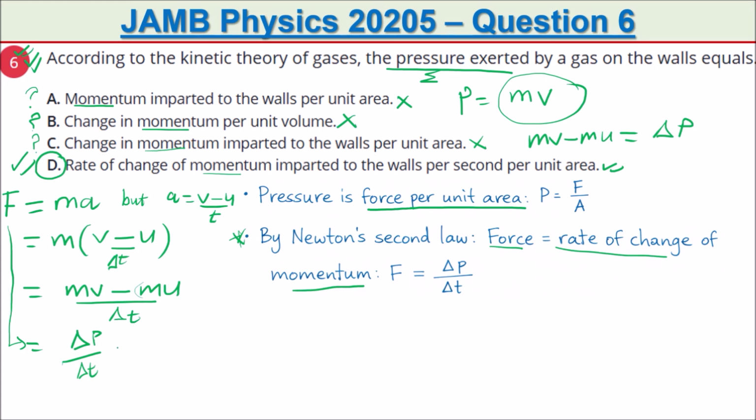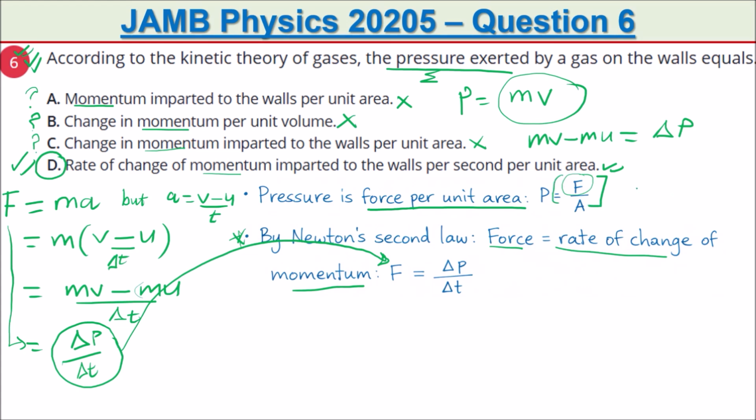Once we have found this, we want to get rid of the force in this equation. Why? Because there is no force in the 4 selections. So we are going to take this expression for a force and plug it in where there is a force in this equation.